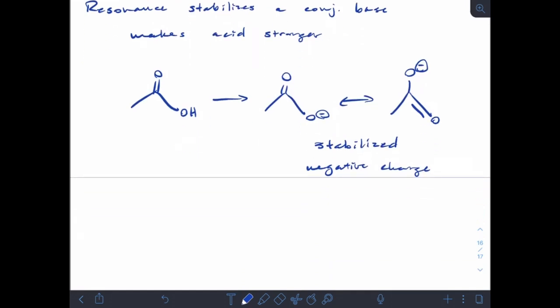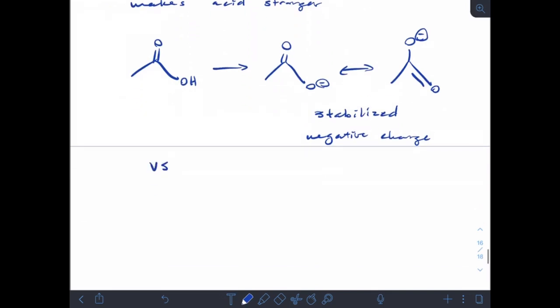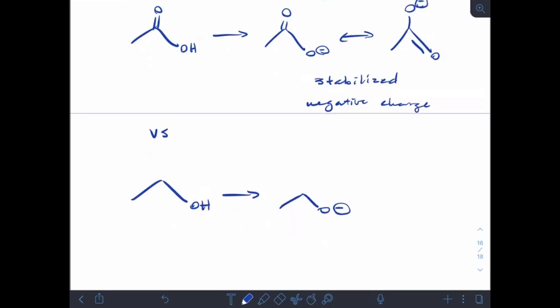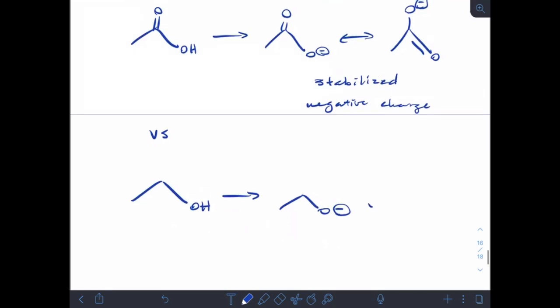Right? So if we look at acetic acid versus something like methanol, that's ethanol, excuse me. It loses its hydrogen. And that's all it has, right? It has nowhere else to shift that negative charge. So no resonance possible here.